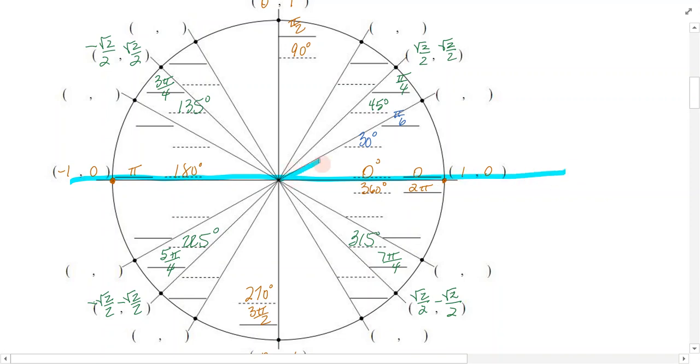We know that if we are here at a rotation of 30 degrees, then we would also be in the third quadrant down here. We would have an angle rotation off the x-axis in the positive direction of 30 degrees. So both of these are 30 degrees. We just know that this angle in the first quadrant is called the reference angle.